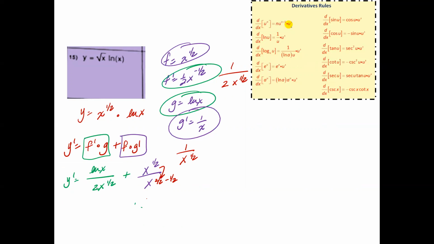Since I have a 2 here, I will have to multiply this one by a 2 as well. And 2 times a 1 is just a 2. Because again, it's all about matching the correct answers. So now let's add it. ln x plus 2 over 2x to the 1/2. And that is your answer.